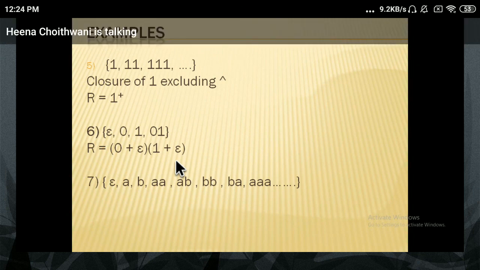What about others? If my language has only two symbols, A and B, which means my expression can contain A or the expression can contain B. So we'll be using the union operator here. So my RE will become A plus B, right? Now look at the other strings. The fourth one is AA.